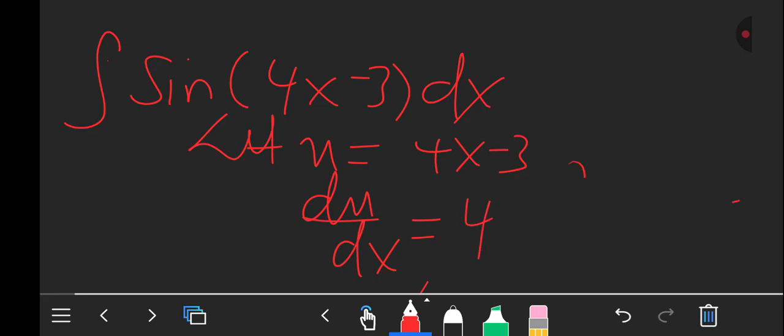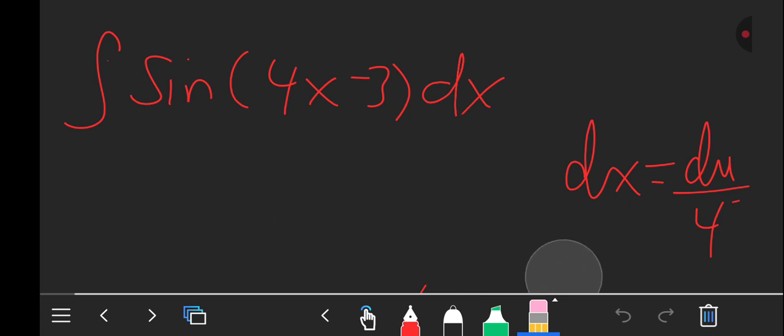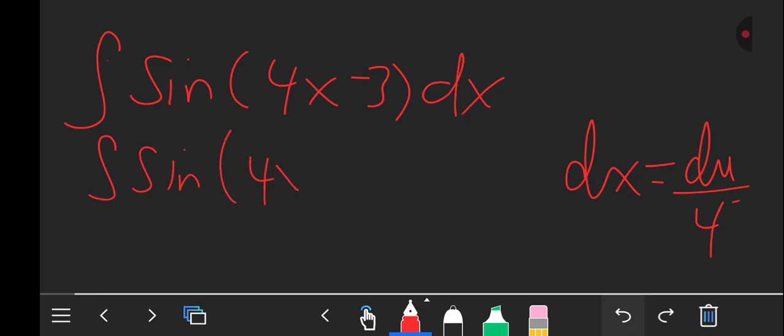Then you make dx the subject, so dx will be equal to du over 4. Then where there is dx, let's substitute now. So we're going to have the integral of sine, where there is 4x minus 3 we substitute u, and where there is dx, we substitute du over 4.